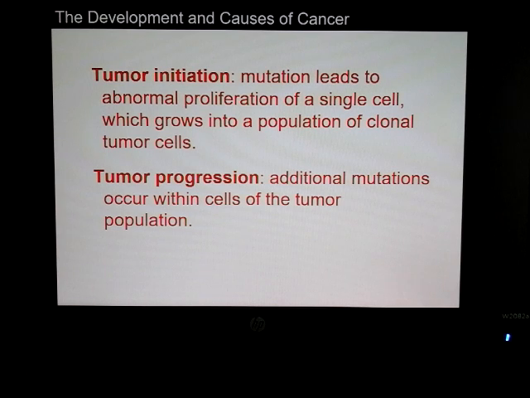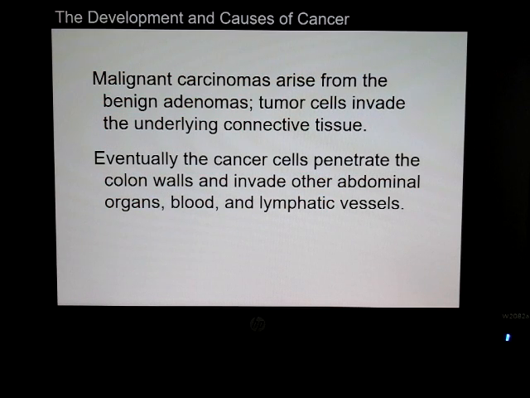Now, tumor initiation is when you have mutations that lead to abnormal proliferation of a single cell. Then that is going to grow into a population of tumor cells. Now, the tumor progression is when you get more mutations that occur within that tumor population.